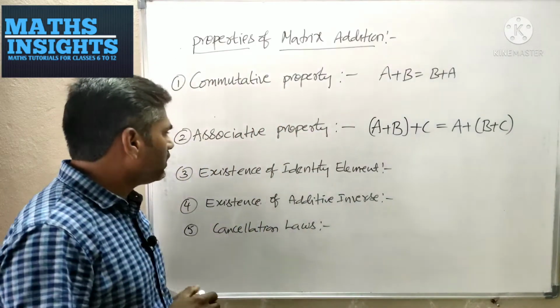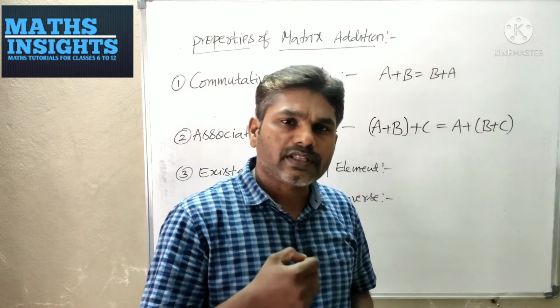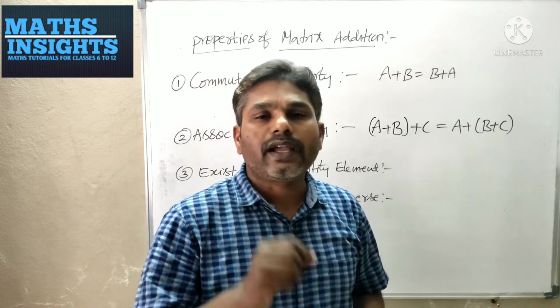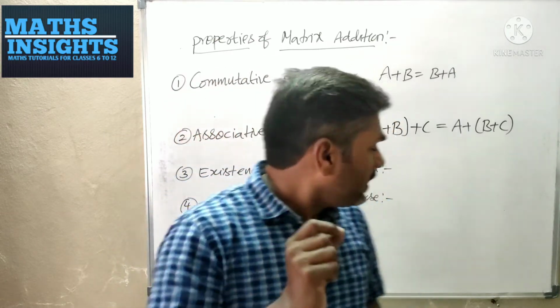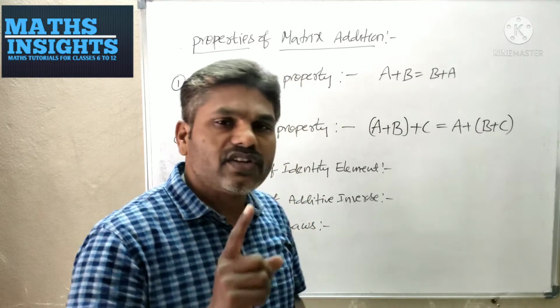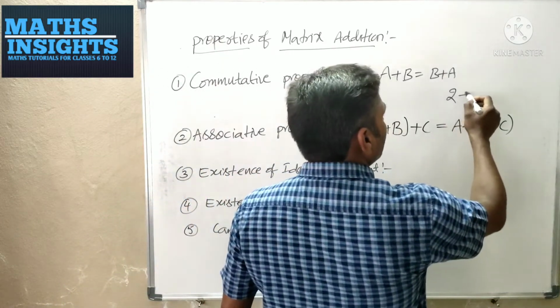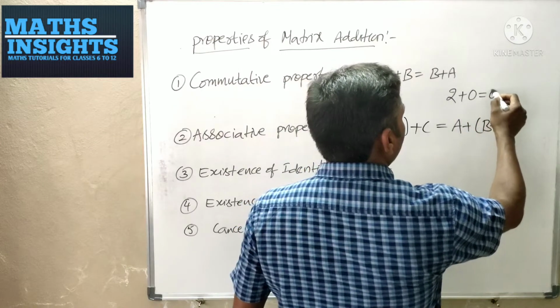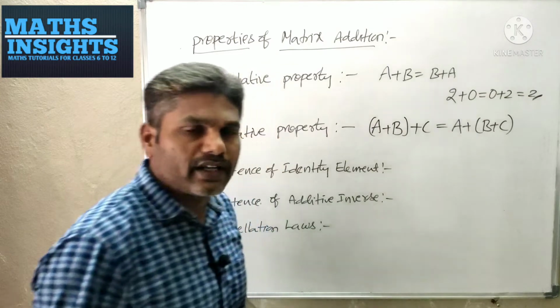Coming to the third one, existence of identity element. Before discussing it, you have to remember the identity element in the algebra of numbers. The identity element in the algebra of numbers under addition is 0. Suppose I take the number 2 and add 0 to it, you get 2 again.